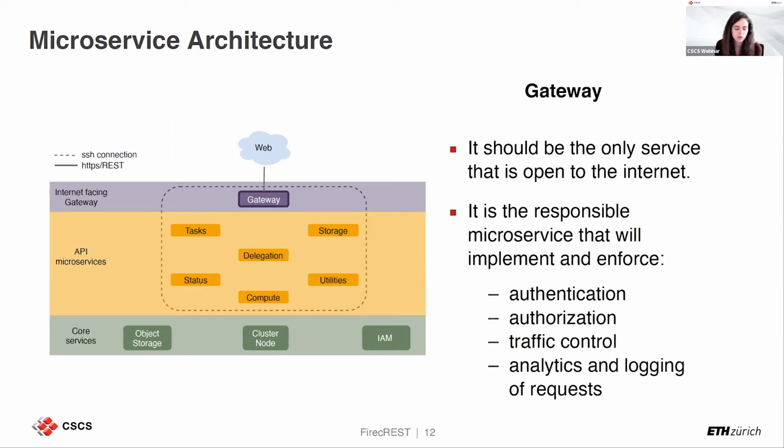The configuration of the gateway can be different from site to site, but in general, it's a responsible service that will implement and enforce the authentication and authorization, and it will also have to protect FirecREST or the system by enforcing some traffic control and gathering some information for analytics and the logging of the requests.